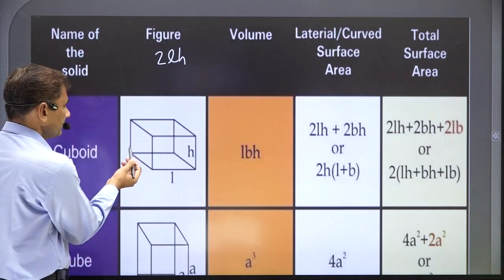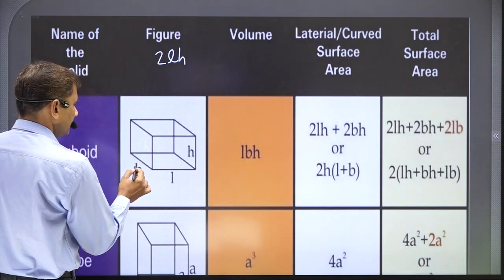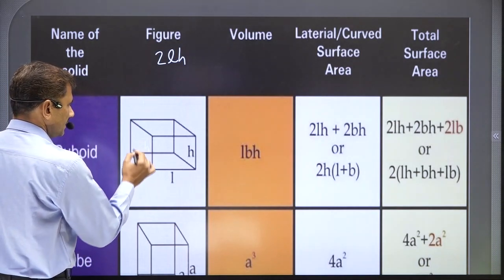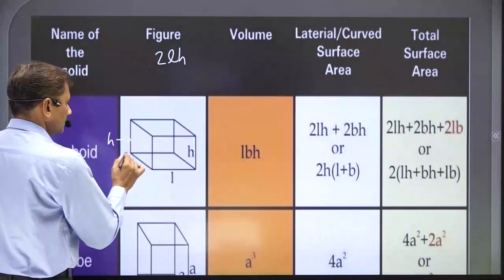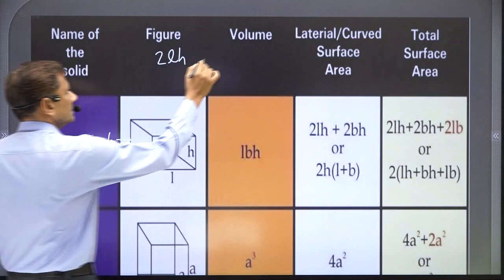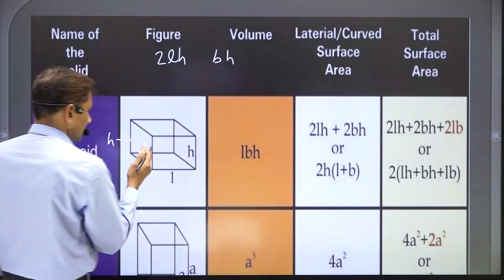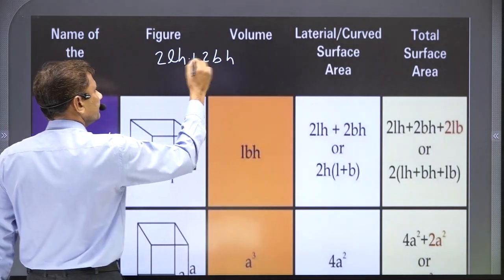Now look at this one. Here also H, and now it is B. So B into H. This is the height. So again this surface area will be B into H. But the left and right are both equal, so 2BH.